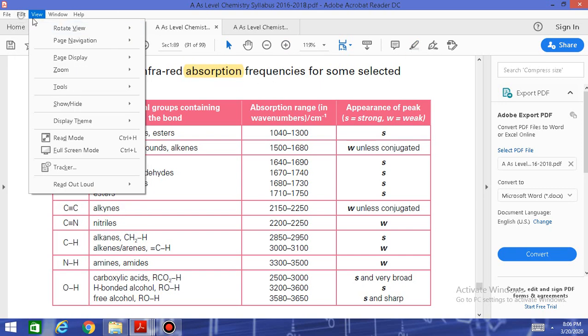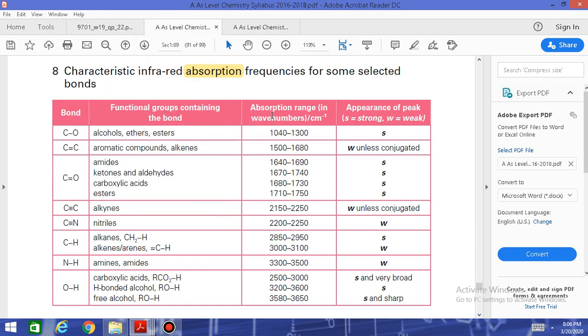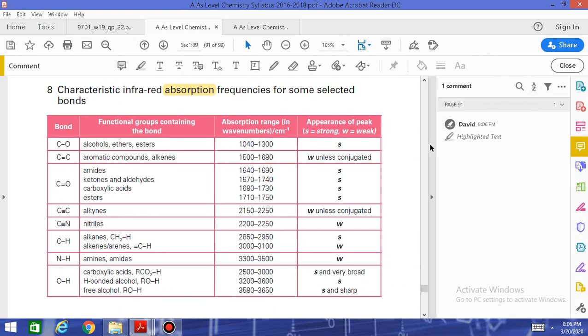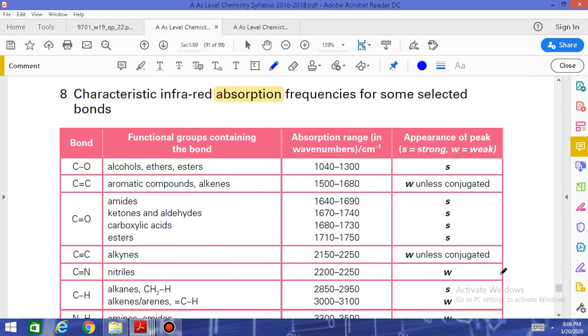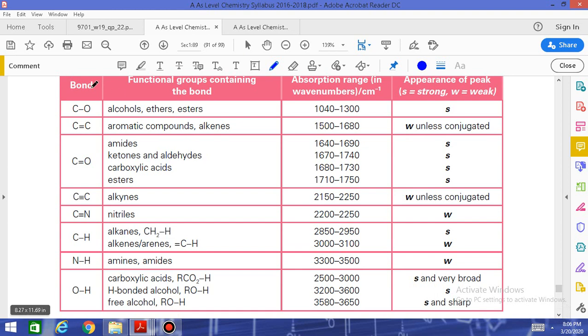Okay, so if you see, look at this one. If you see its functional group or its bond, it has an absorption range in wave numbers. They have different absorption ranges in wave numbers or wavelength.